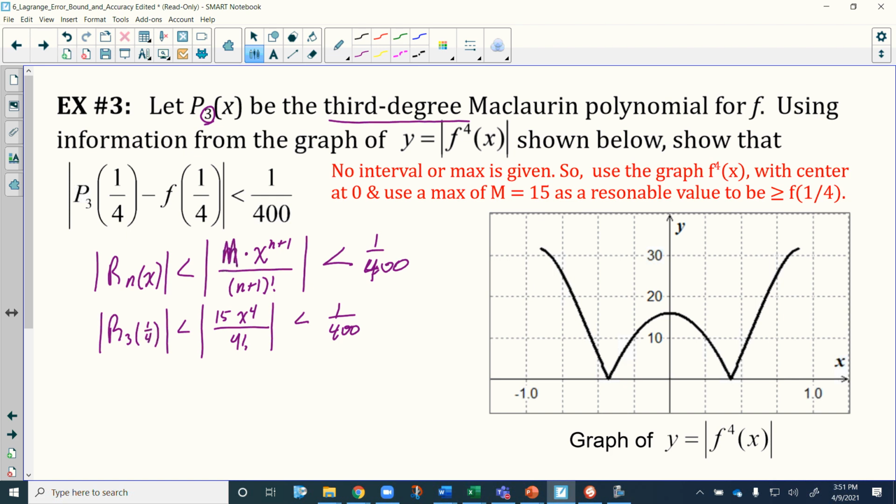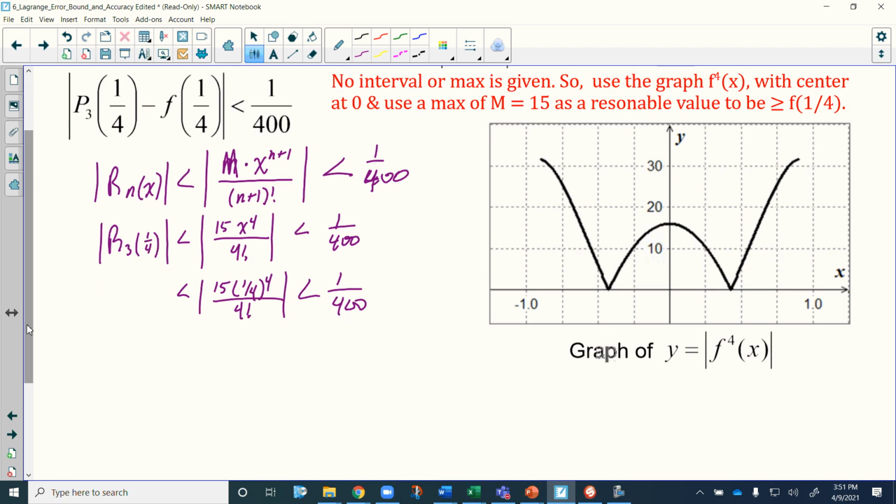And again, this is really where I'm going to kind of jump onto the calculator here to see what we get. There are some math things that we could do with this. For instance, in this case, when I substitute the 1/4 for x, 15 times 1/4 to the 4th power over 4 factorial to be less than 1/400th. Well, 4 to the 4th power is 256.